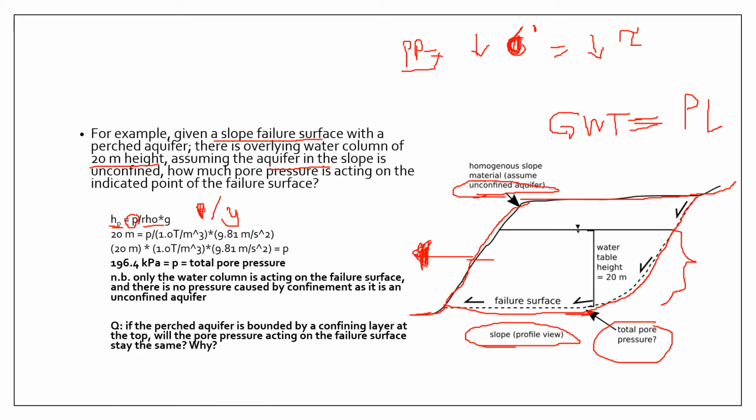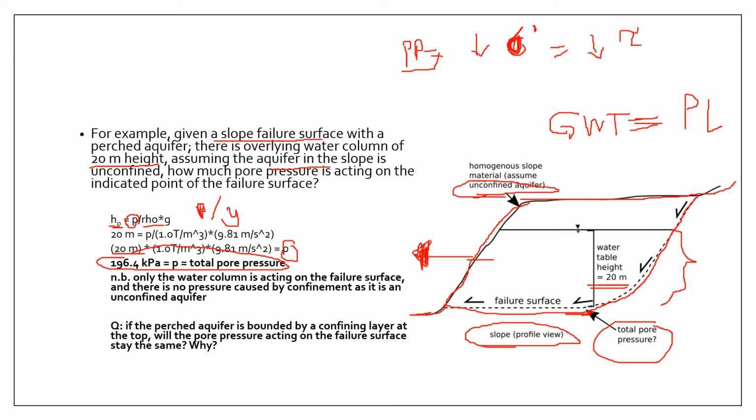And what we get is pore pressure is equal to 20 meters of water column times 1 ton per cubic meter times 9.81, and we get a total pore pressure of 196.4 kilopascals.